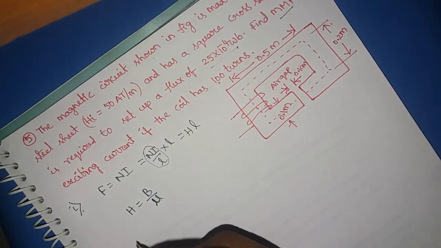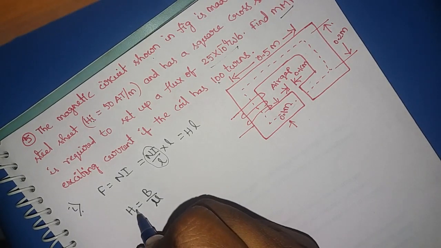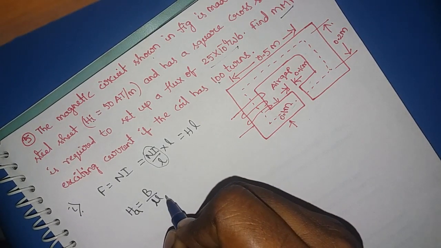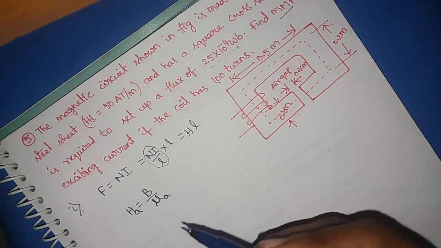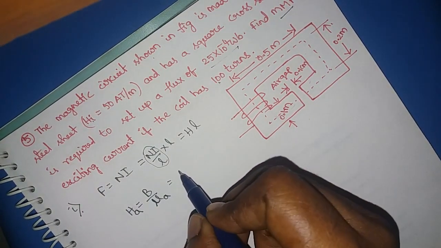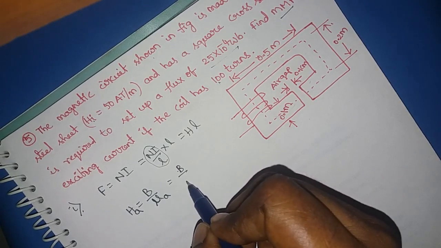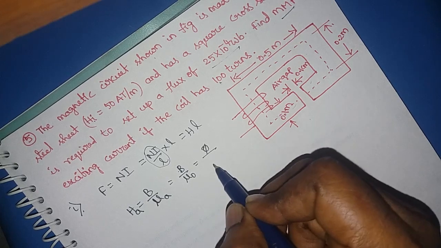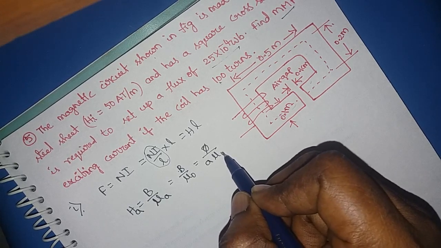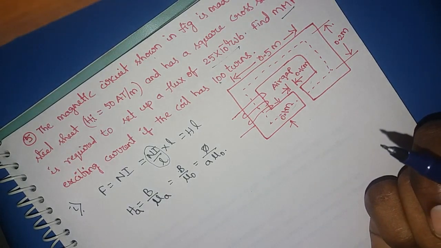So first I am finding the value for the air gap, that is Ha is equal to B by mu a. For the air gap, mu a is equal to mu naught, so that is B by mu naught. Now what is B? B is phi by A, so phi by A into mu naught.